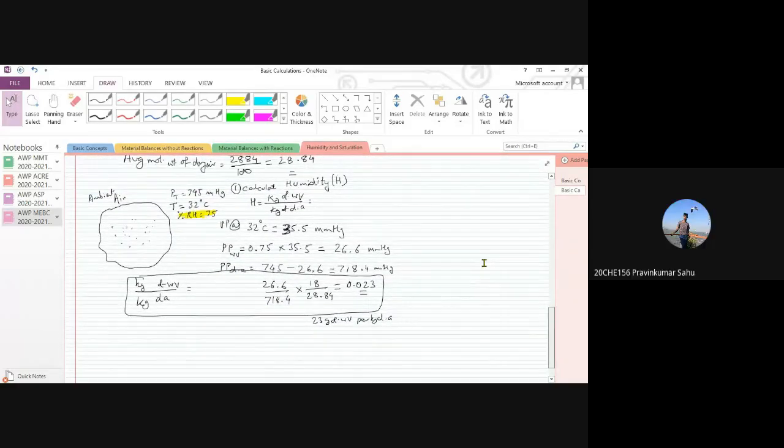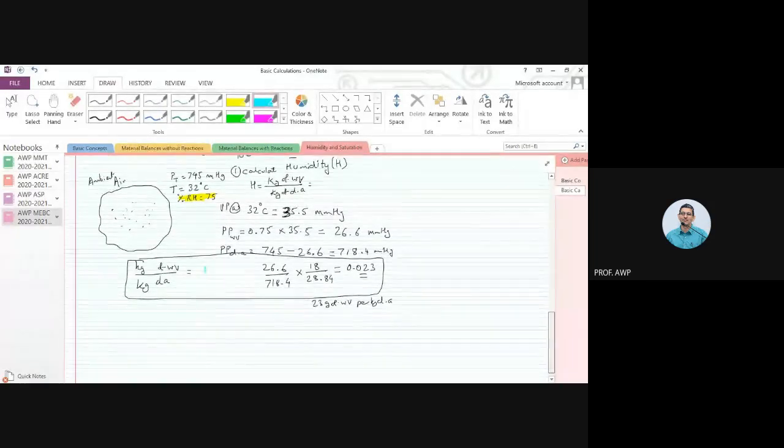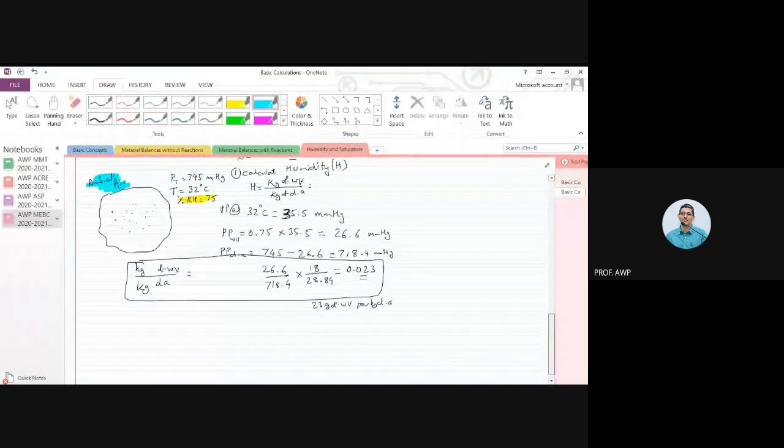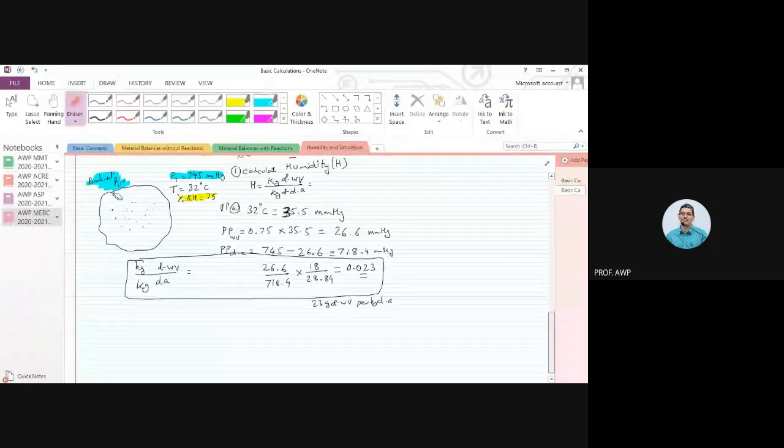Yes, sir. Okay, now suppose I take this air. It has a total pressure of 745 mmHg. Ambient air, I mean, we are not actually physically taking it, or if you want, we can, but it is ambient air.